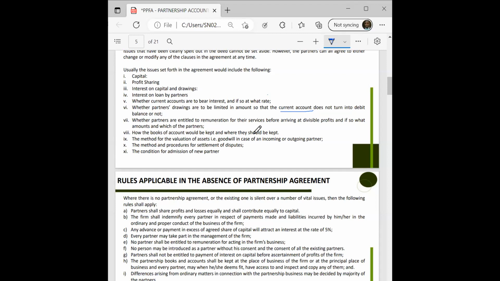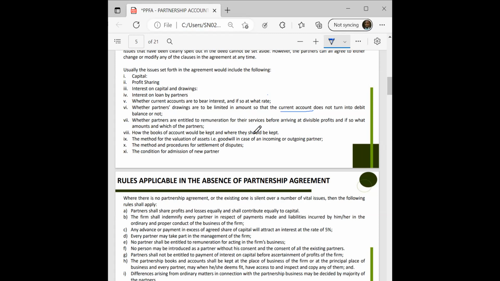Also, you will look at how the books of accounts will be kept. Let's agree, when is our financial year end? Are we going to be providing audited financials? What are the things that we want to do regarding the books of the business? What is the method of valuation that we want to use? Are we going to be keeping goodwill in case a new partner is going to be joining us, or when an existing partner exits the business?